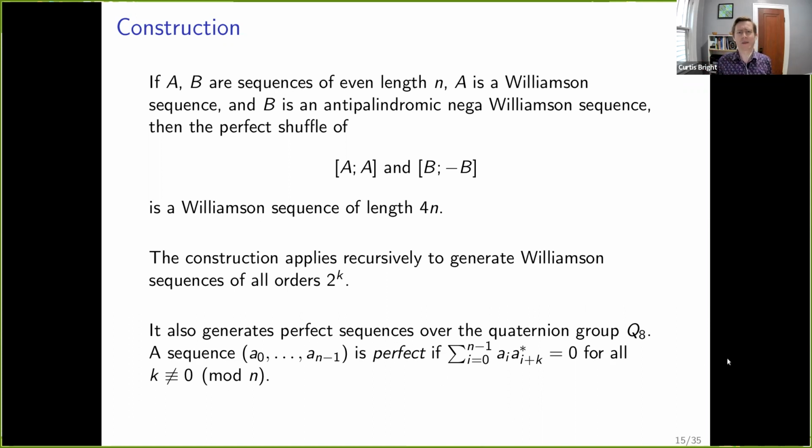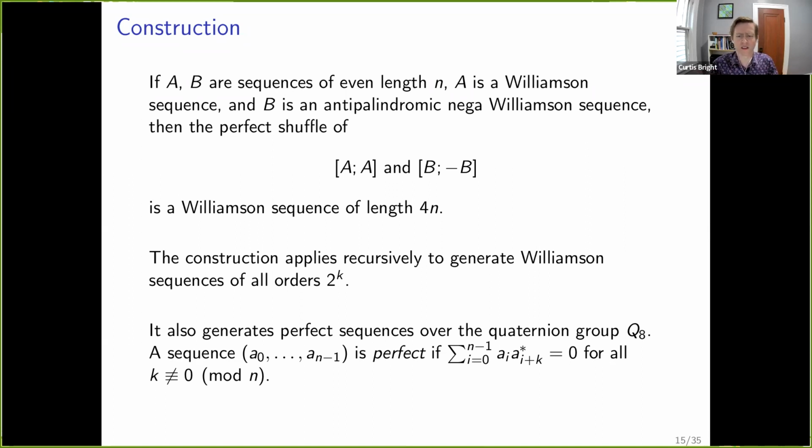This comes up all the time in signal processing when engineers want to use some kind of radar system, and they're sending sequences, and they want to synchronize the sequence. You want a sequence which has low correlation with itself, right? So these people have studied these things for a long time.